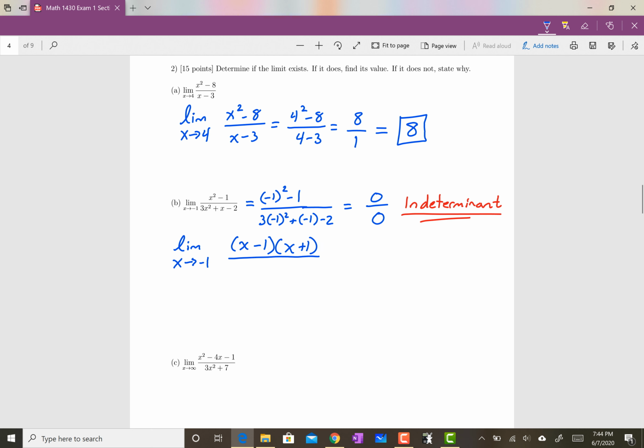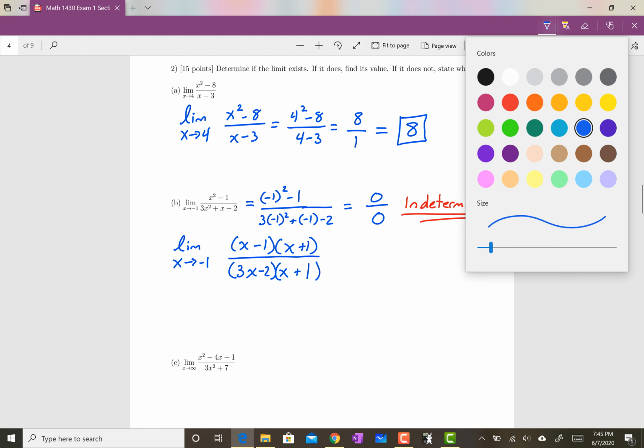In the denominator, we have what's called a trinomial, 3x squared plus x minus 2. Now there are many different ways that you can factor a trinomial. Often I see students using the AC method, or just by doing some mental trial and error math. We can factor this one into 3x minus 2 and an x plus 1.